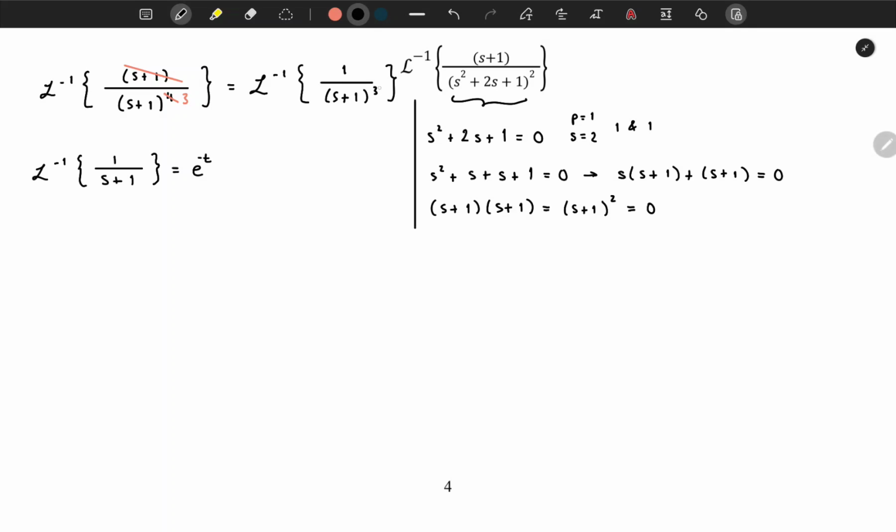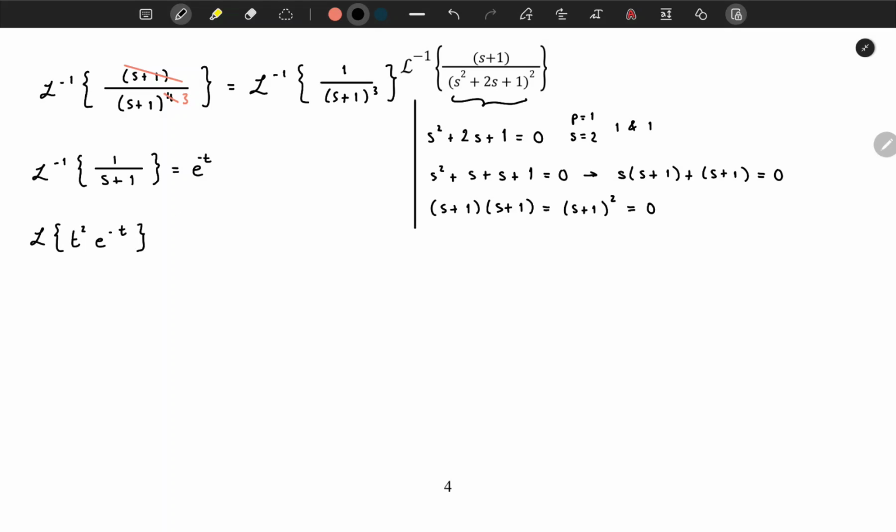What we need is a cube, so let's find the Laplace of t squared e to the power of negative t. Theoretically, this should give us something similar to what we are looking for.